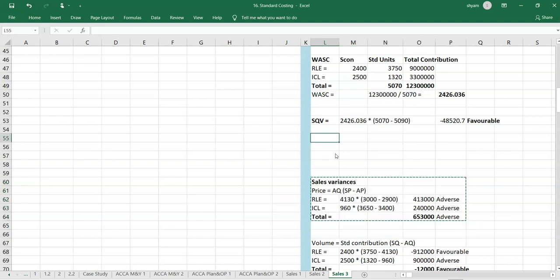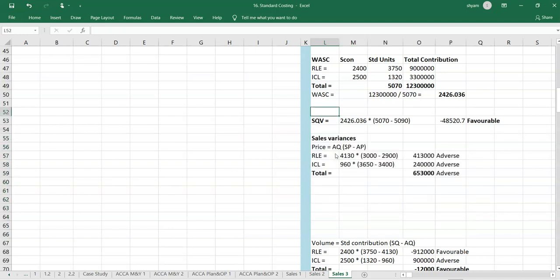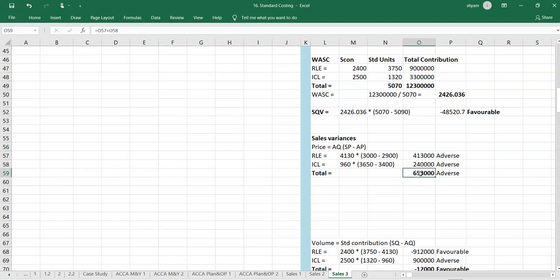Let's look at the sales price variance and see what happens there. In terms of price variance, it is adverse. It means they are reducing the price. Individually, both variances are adverse, so in both areas they are reducing the price: in the RLE product as well as the ICL product. Here they have reduced by $100, and here by $250.